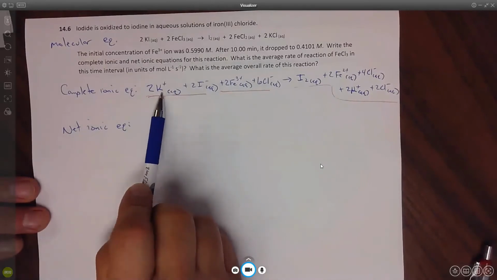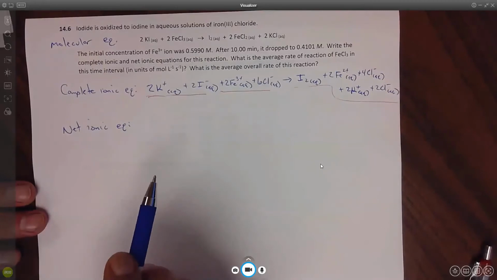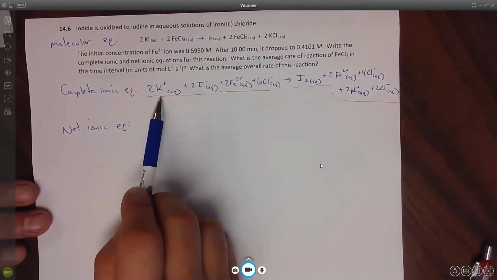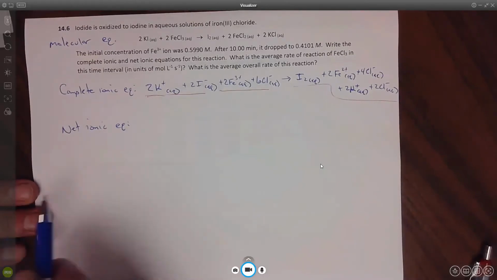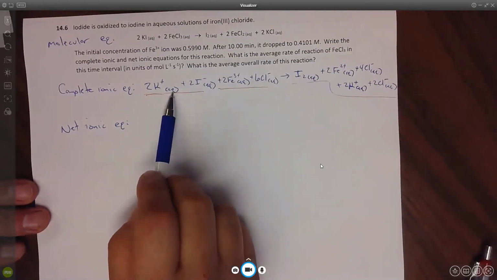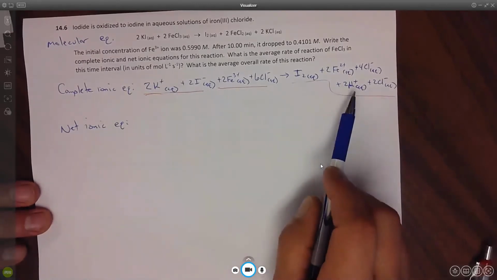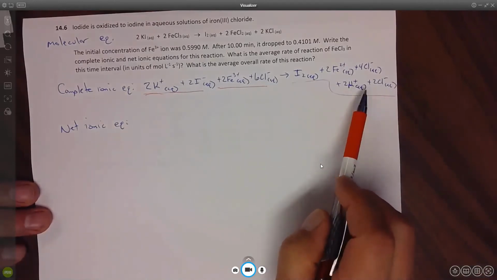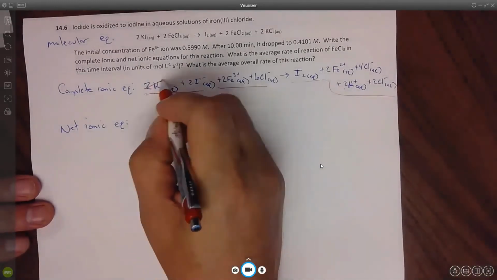Did the potassium ions change going from reactant to product? Eugenie, what do you think? No. I have K plus aqueous, a potassium ion floating around in solution all by itself. Over here, I have the potassium ion, again, floating around all by itself. It's identical on both sides. There's 2 on this side, there's 2 on this side, so these 2 are going to cancel these 2.